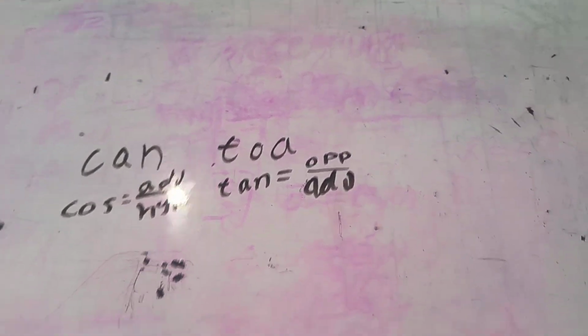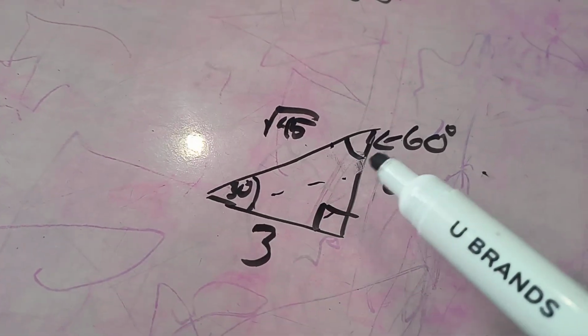And now tangent, which is opposite over adjacent. The opposite right here over the adjacent right there.